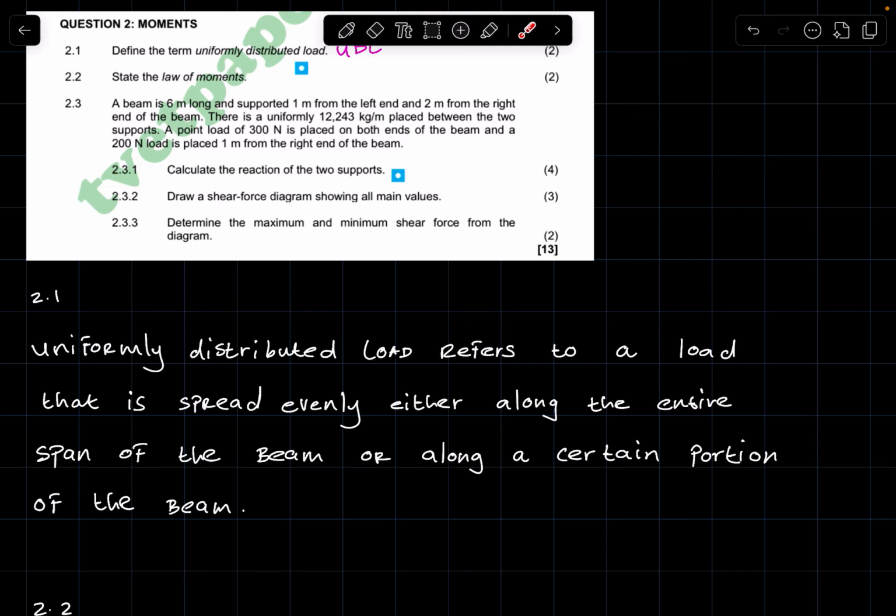And as you should know, the third law is essentially based on conditions of equilibrium. We get two of them: one is static equilibrium, the other one is dynamic equilibrium.